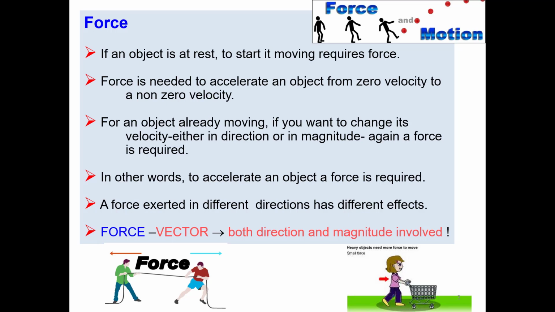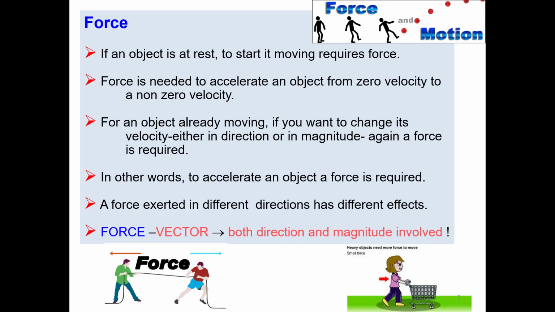There is a change in velocity, and when there is a change in velocity, we have some acceleration. So if we apply some force to any object, we can change the velocity of the object from 0 to a non-zero velocity, which means we accelerate the object.